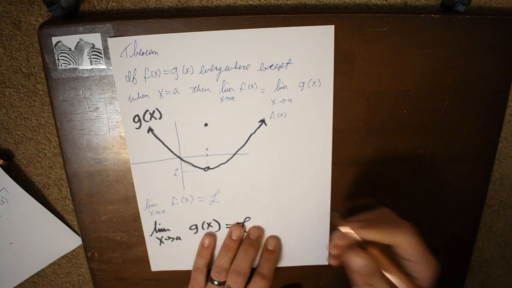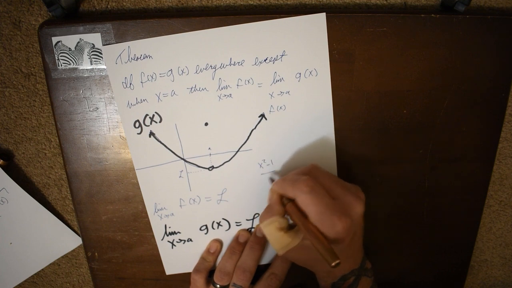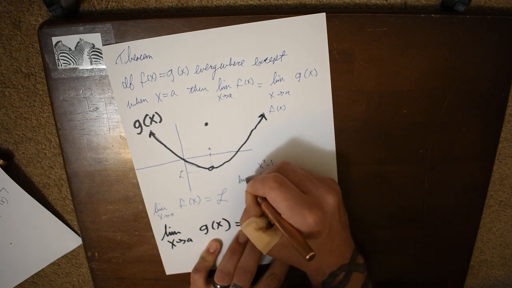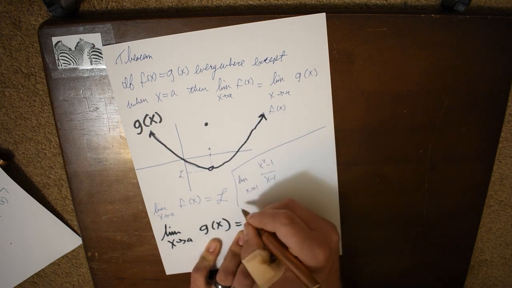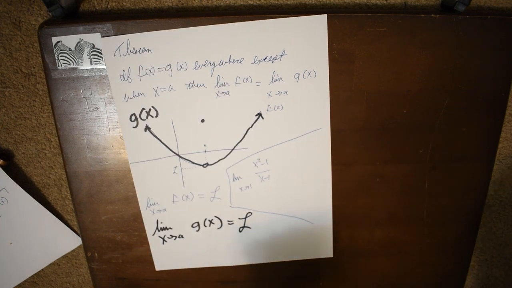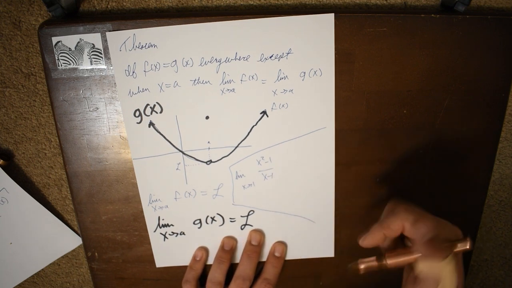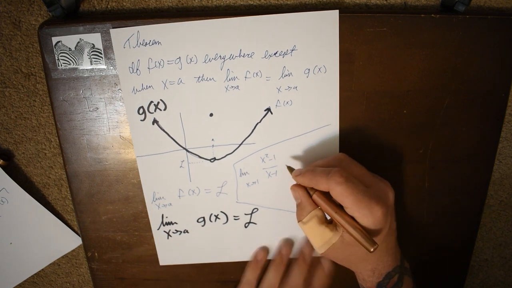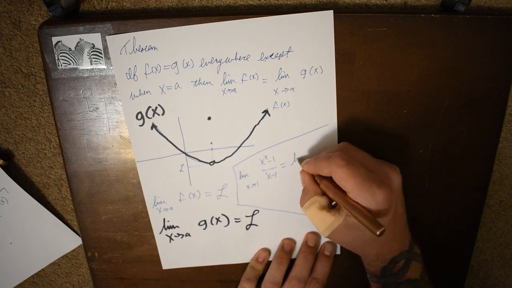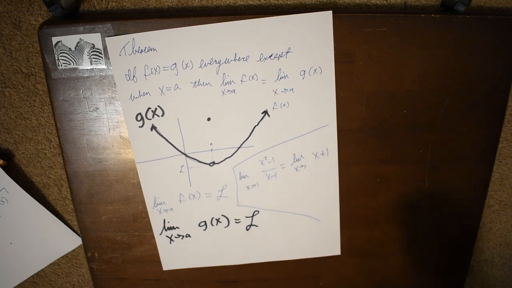It's fine. We did a problem that was x squared minus 1 over x minus 1, and we took that limit as x went off to 1. We did it 5-10 minutes ago. This theorem gives the reason why we were able to say the limit as x goes to 1 of x plus 1.